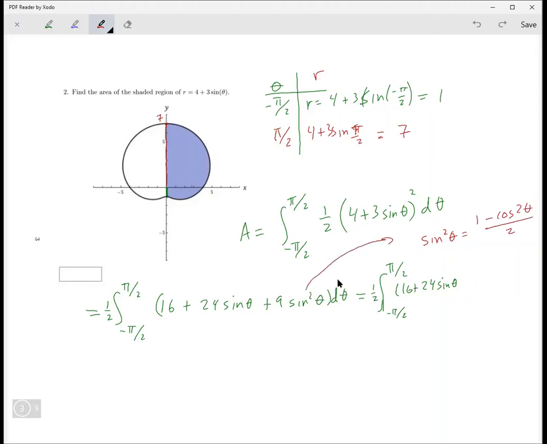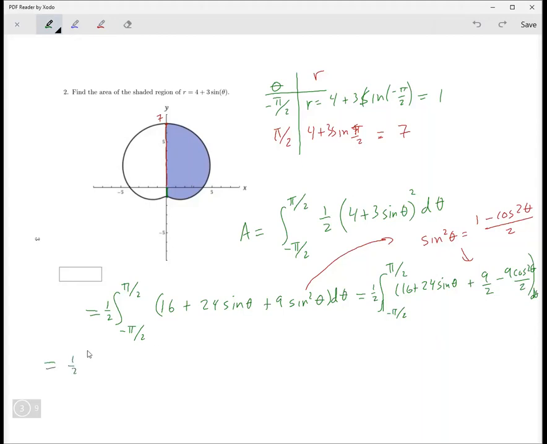Okay, so that's using that identity. Minus 9 cosine 2 theta over 2. And that's all times d theta. Ooh, really cutting it close on the space there.